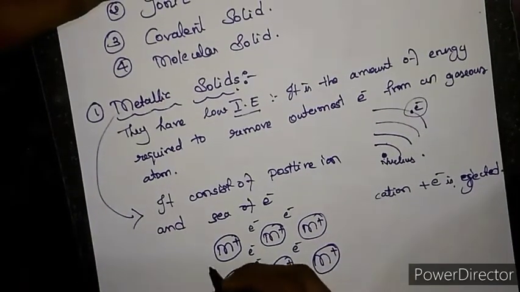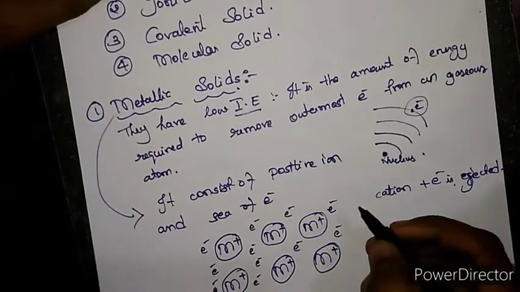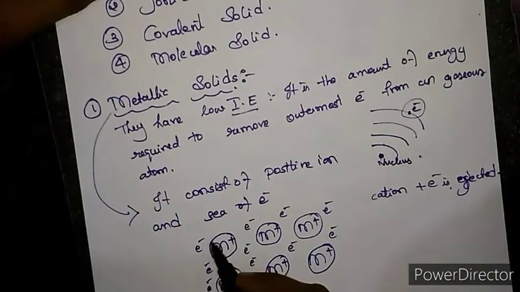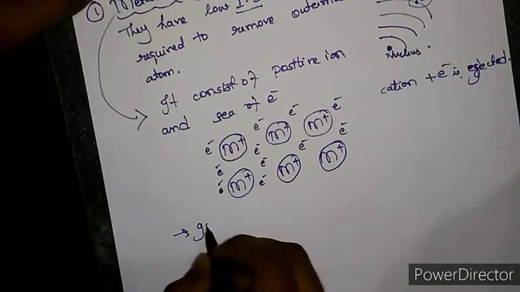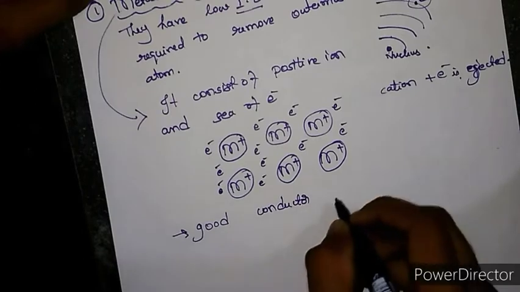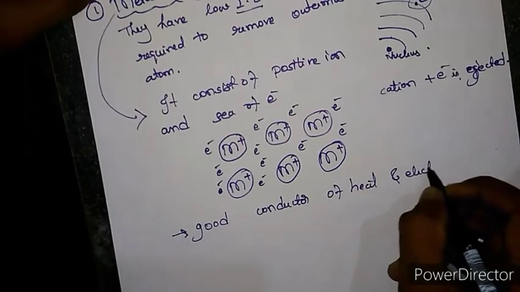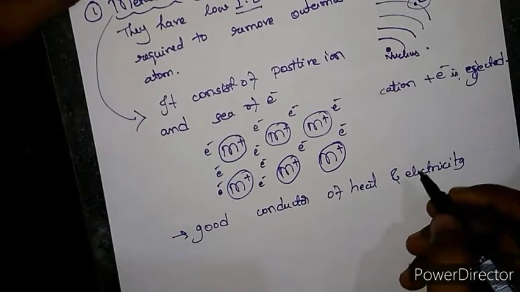They are not fixed to a position; they are randomly moving all over the solid. Because the electrons are randomly moving, the metallic solid is a good conductor of heat and electricity. Why are metallic solids good conductors of heat and electricity?